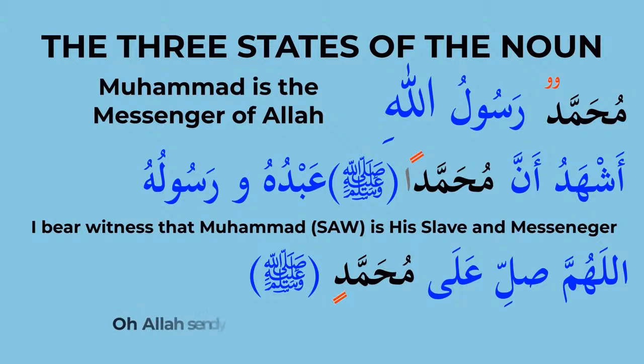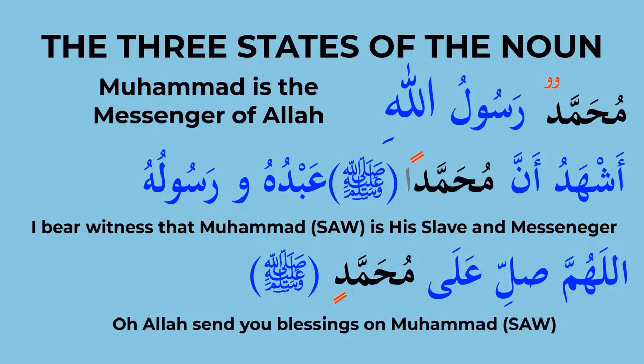Oh Allah, send your blessings on Muhammad. Are you with me, brothers and sisters? Do you see any change in English where we wrote Muhammad? We did not change anything in English. Well, what about in Arabic, brother? What's going on here? Sometimes you are saying dun, sometimes dan, sometimes din. What's going on?